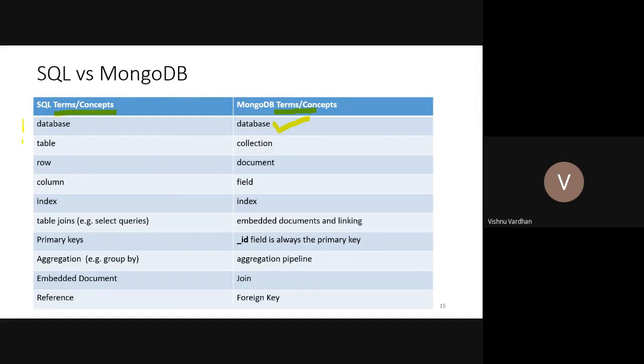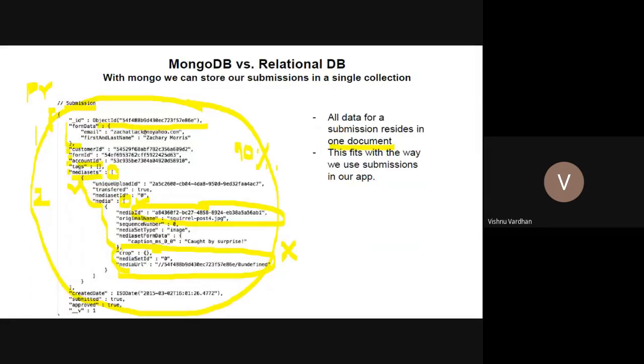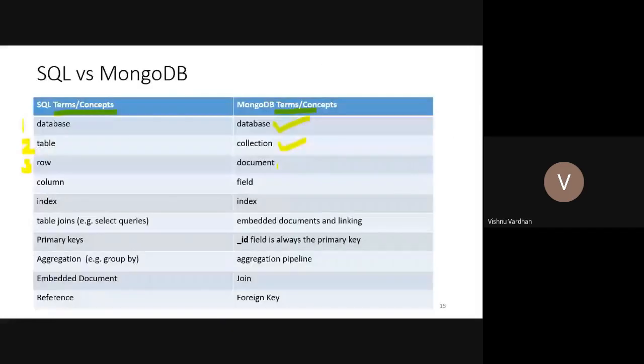But when you come to the table, we say table, but in MongoDB it is considered a collection. So the table is nothing but the collection. Similarly, the row is nothing but your document. That means this is one single row in terms of RDBMS. So the row is a document, the column is a field.